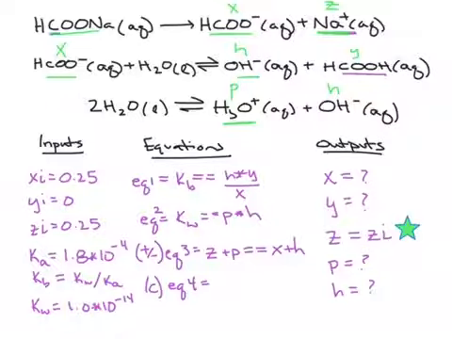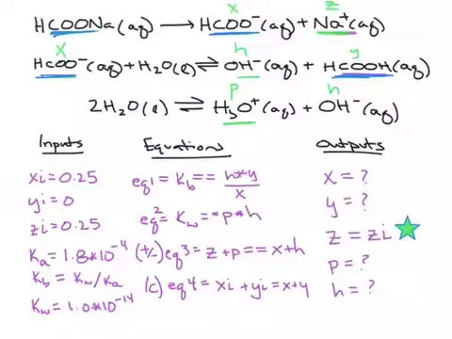Looks like it's coming from our original species, a little bit of that, some formic acid, and that's it. So when we write that out, we're going to have Xi plus Yi is equal to X plus Y.